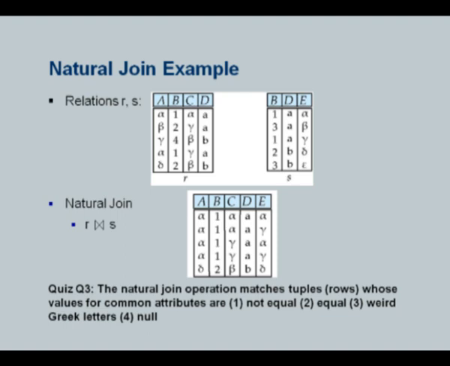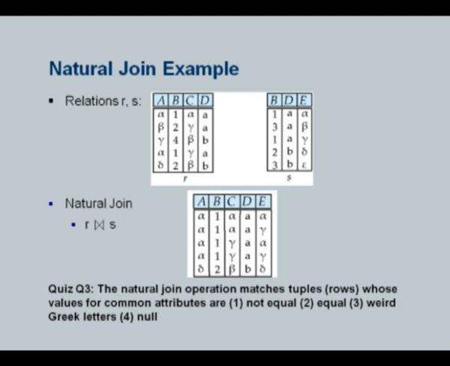If you look at S, here is the first row with BD, 1A, not 1 alpha, it is 1A, BD being 1A. But if you go down on S, you also have the third row which is also 1A. So the first row of R combines with these two rows of S, and in the output you have these two rows here.